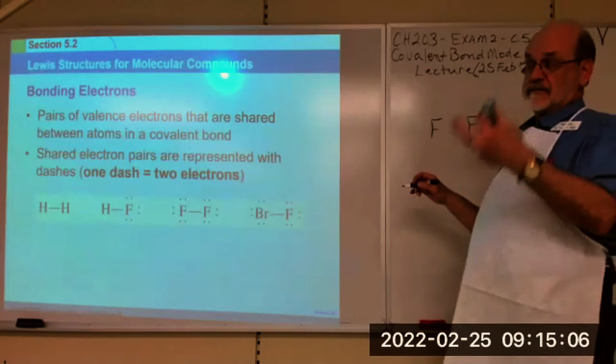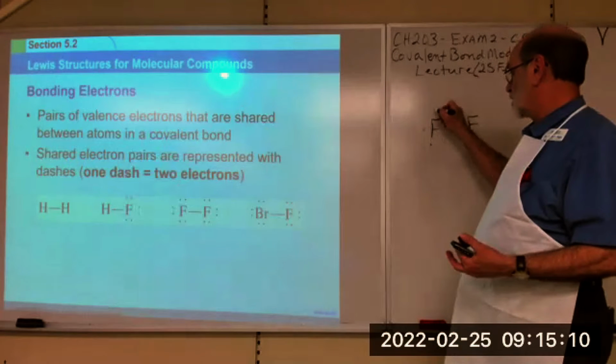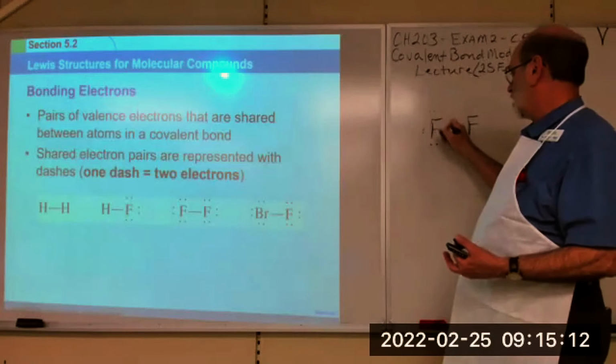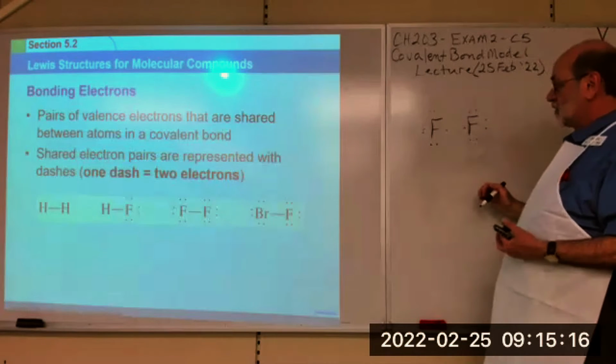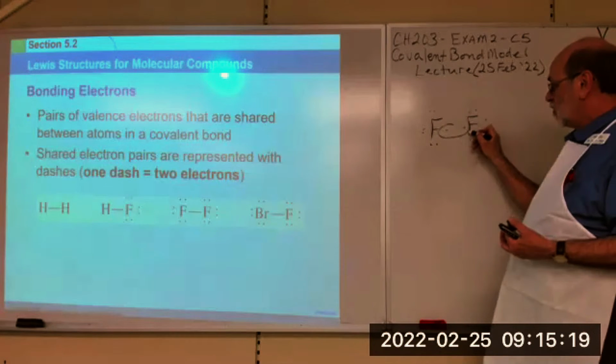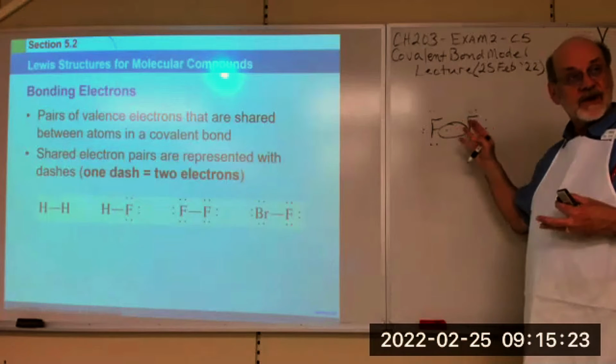Well, it's a halogen, so it has 7. Right? 1, 2, 3, 4, 5, 6, 7. And the Lewis dot structure gives you a bond here. So now this one thinks it has 8, and that one thinks it has 8, and we got a bond.